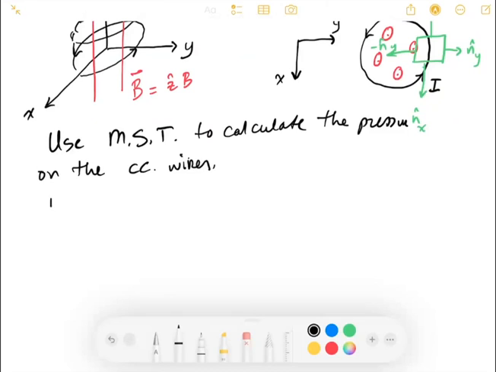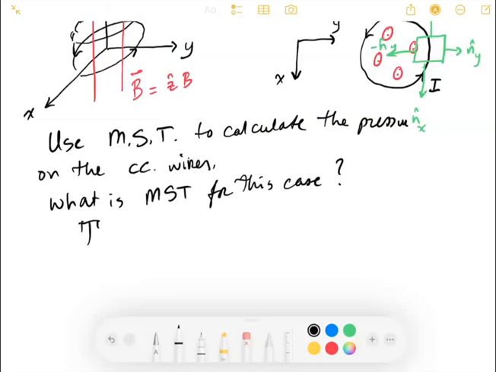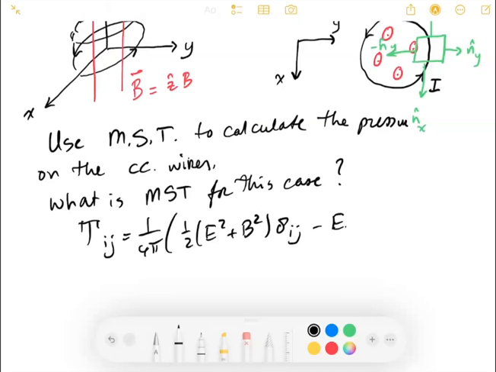Okay, so what is the Maxwell stress tensor for this case? All right, well, let's look at this. We have T_ij equals 1/4 pi times 1/2 E squared plus B squared, delta_ij, minus E_i E_j minus B_i B_j.